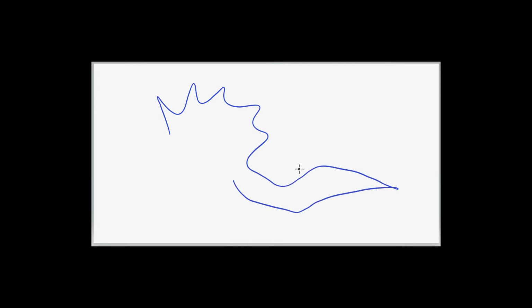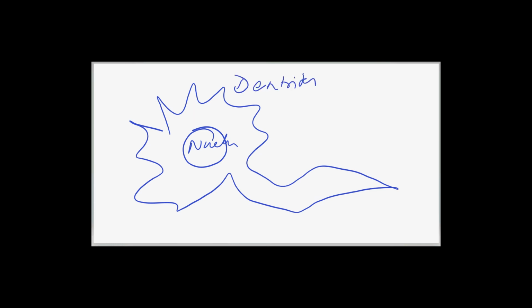Now, why are they called neural networks? For that, we need to understand how our brain works. The fundamental element of our brain is what is called a neuron, which is made up of what is called a nucleus and a set of dendrites and what is called an axon that connects to other neurons.